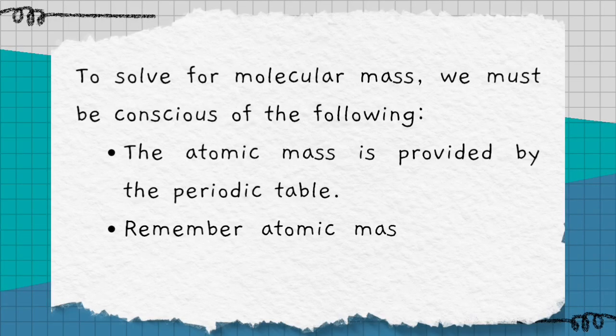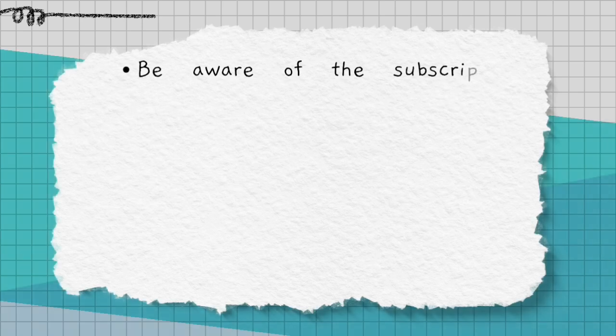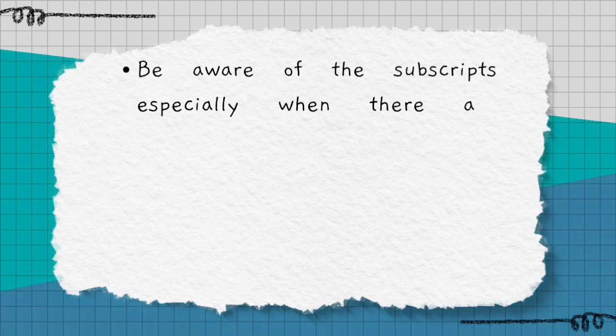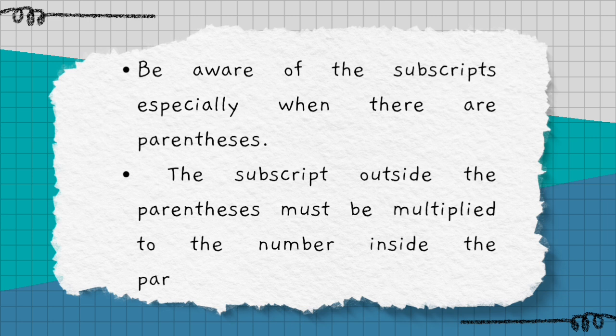Remember, atomic masses are not meant to be memorized. Be aware of the subscripts, especially when there are parentheses. The subscript outside the parentheses must be multiplied to the number inside the parentheses. We must be aware of the subscripts if we have to multiply or not.